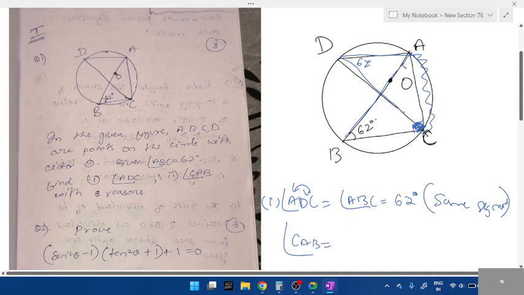Next, CAB. How will you find CAB, students? This was a very simple question. See, angle B is 62, right? What is angle C? If AB is the diameter, 90. Then which concept do we use?